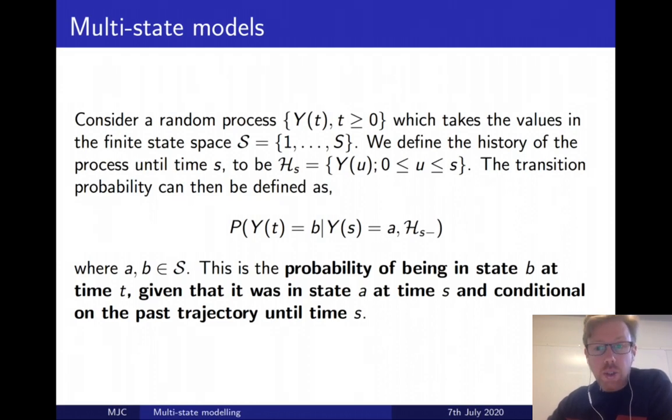We've got the collection of states visited across follow-up time. Now the transition probability can then be defined as the probability of being in state B at time t, given that you were in state A at time s, and conditional on the past trajectory up until just before time s.